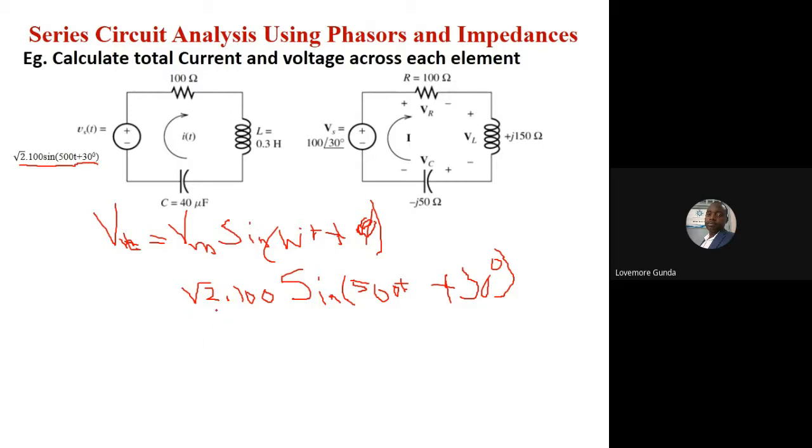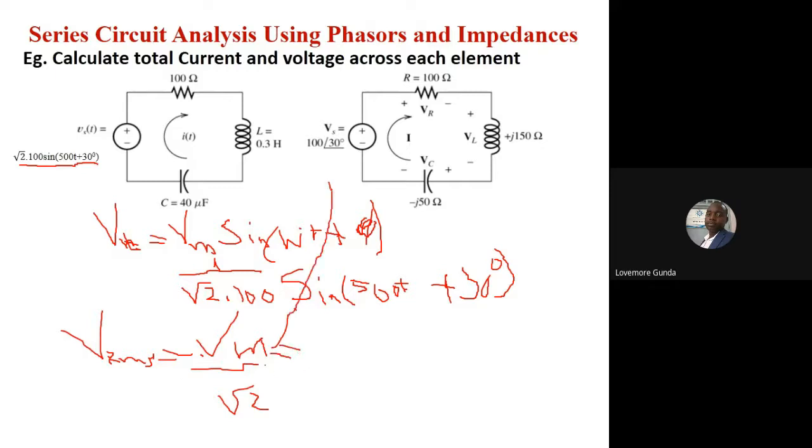We take note that when you are given this expression, your Vm is equal to root 2 times 100. But on the phasor, we want to use the RMS of the voltage. That is what you put on the phasor. So what is VRMS in general? VRMS is Vm over root 2. Our Vm is root 2 times 100, so root 2 cancels out. That's why we have 100 here.